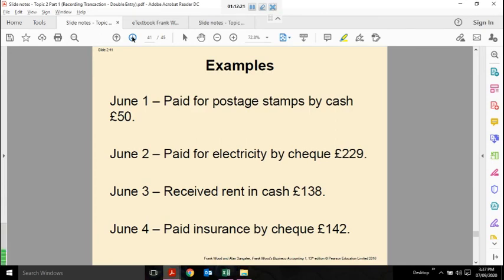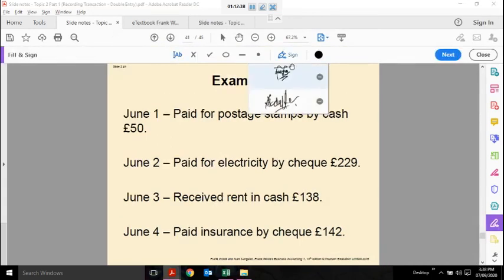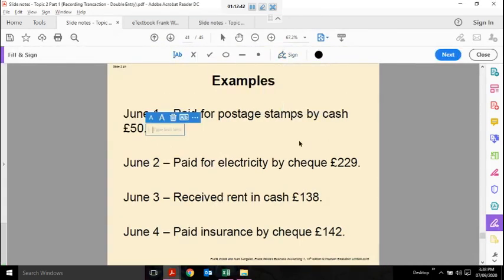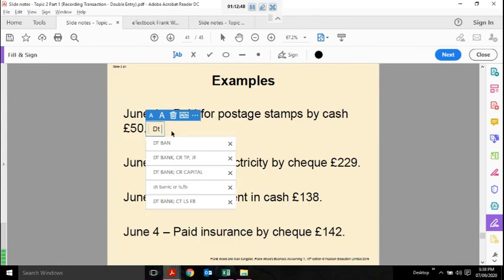For example, 1st June, paid for postage stamps by cash 50. So this one is paid. Postage stamp is your expense, right? So when you paid, your postage stamp will be your expense, right?